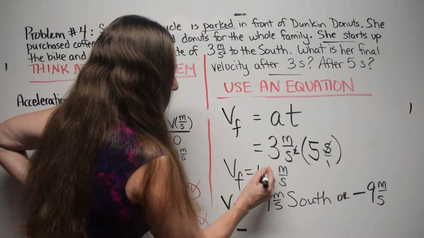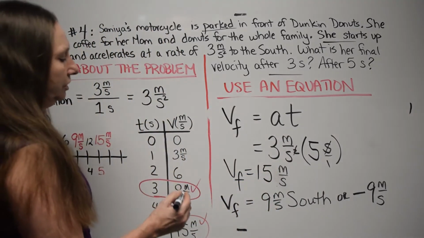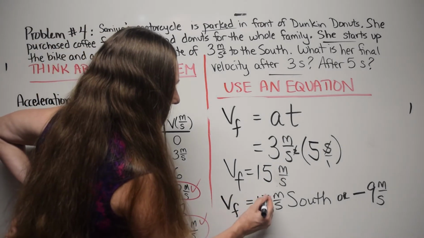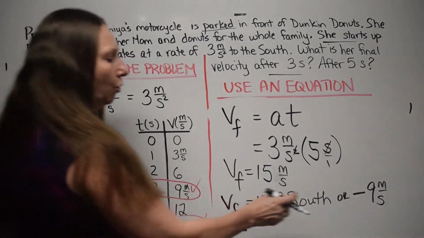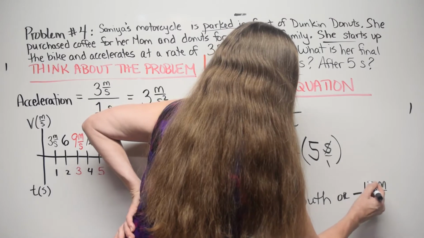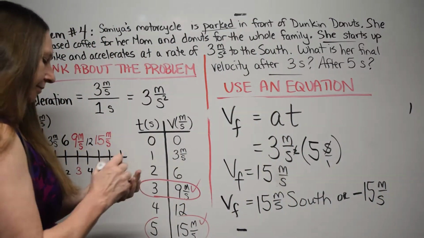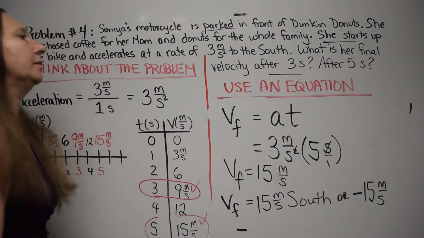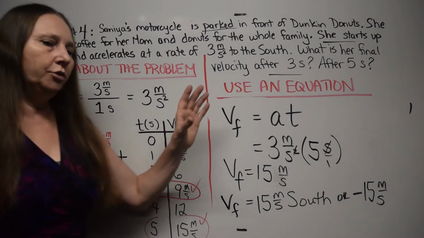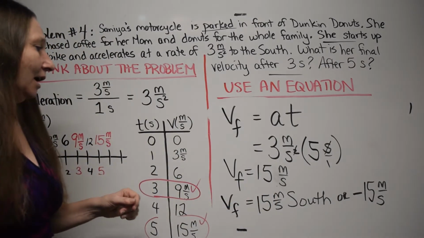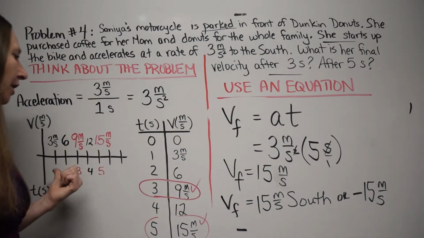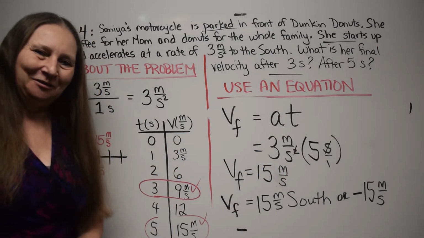Your final speed would be 15 meters per second. Your final velocity in that case would be 15 meters per second south or negative 15 meters per second. Whether you think about it logically or you use the equation, you're going to get the same correct answer. And the equation comes from your logical thinking.